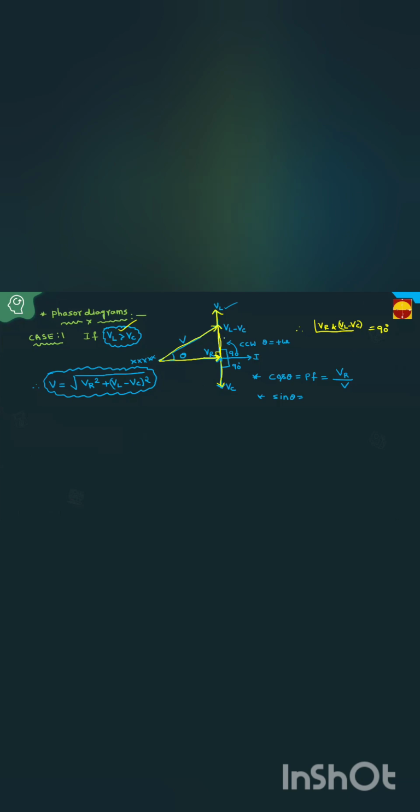What is the angle between VL and VC? That is 180 degrees. Then what is sin theta from this? That is VL minus VC by V. Can you write the tan theta formula? That is VL minus VC by VR. Like this, you have to write the different formulas.